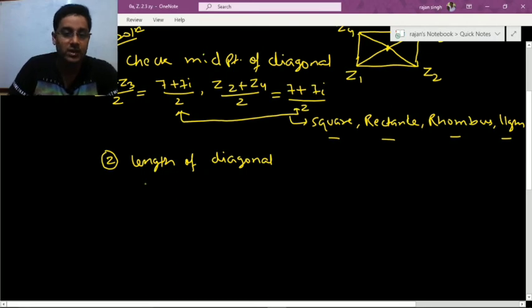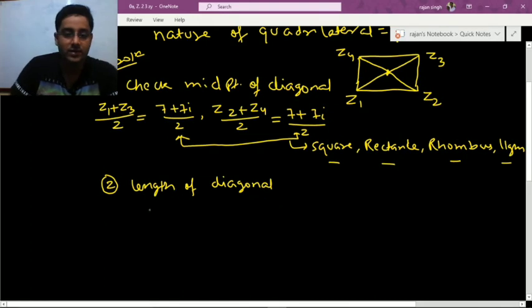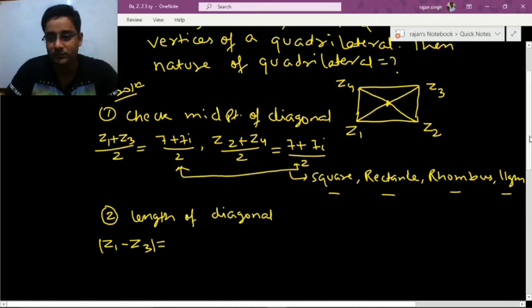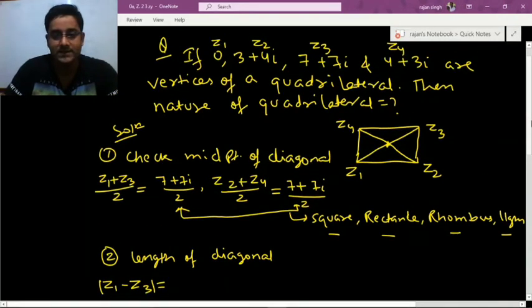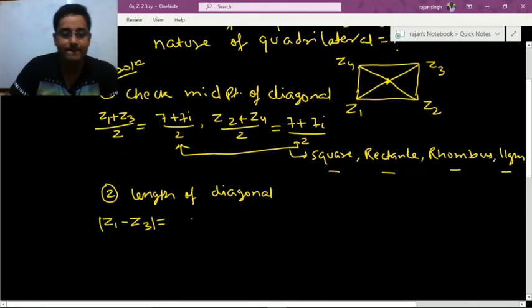The length of the diagonal is |z1 - z3|, which is basically 7 root 2.